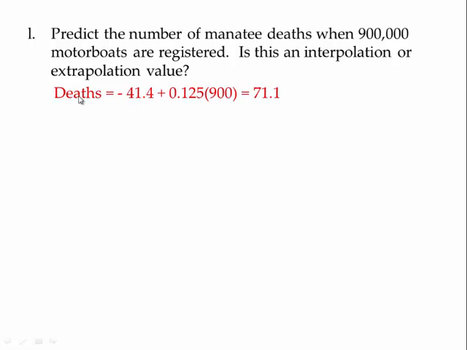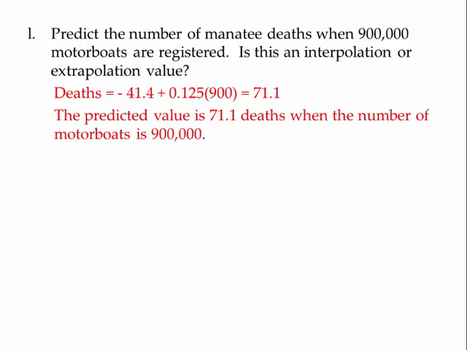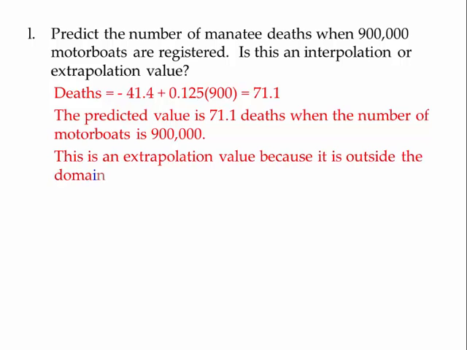So the equation would look like this. Deaths equals negative 41.4 plus 1.25 times 900, which gives us 71.1 deaths. So this value would mean the predicted value is 71.1 deaths when the number of motorboats is 900,000. This is an extrapolation value because it is outside the domain of the number of motorboats.